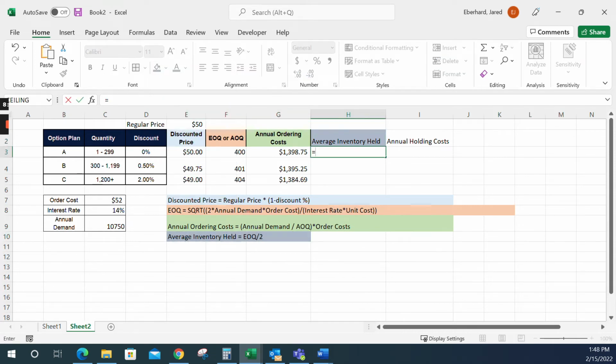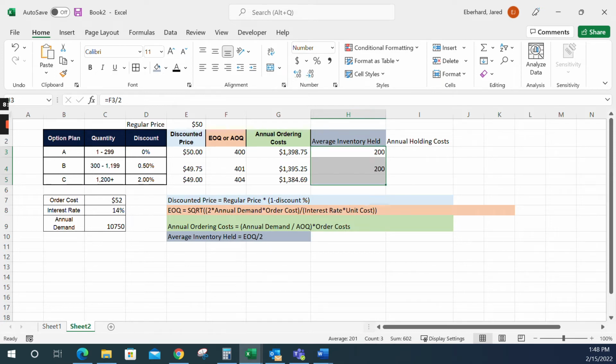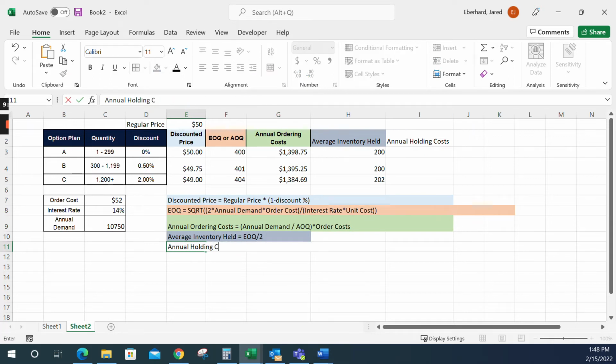Let's do the math. AOQ divided by 2. Let's round that out just in case. Keep it simple. If I have my average inventory held, it's easy to calculate my annual holding costs because my annual holding costs are simply going to be my average inventory held that I just calculated, times my interest rate, times my unit cost.